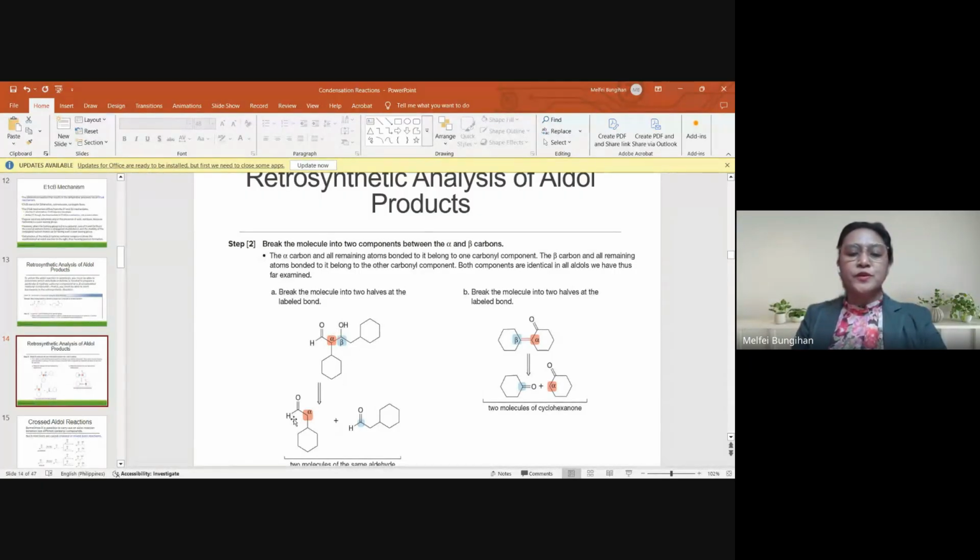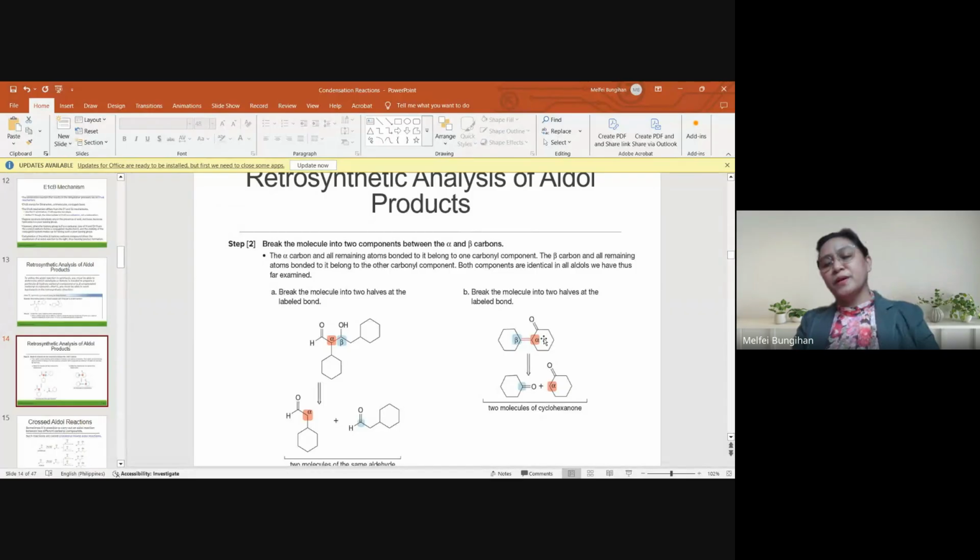Once broken, you form one carbonyl compound and another carbonyl compound. Of course there are several steps here, because you know that the OH was actually coming from your carbonyl. That is where your carbocation was. So here you see now the two starting materials.